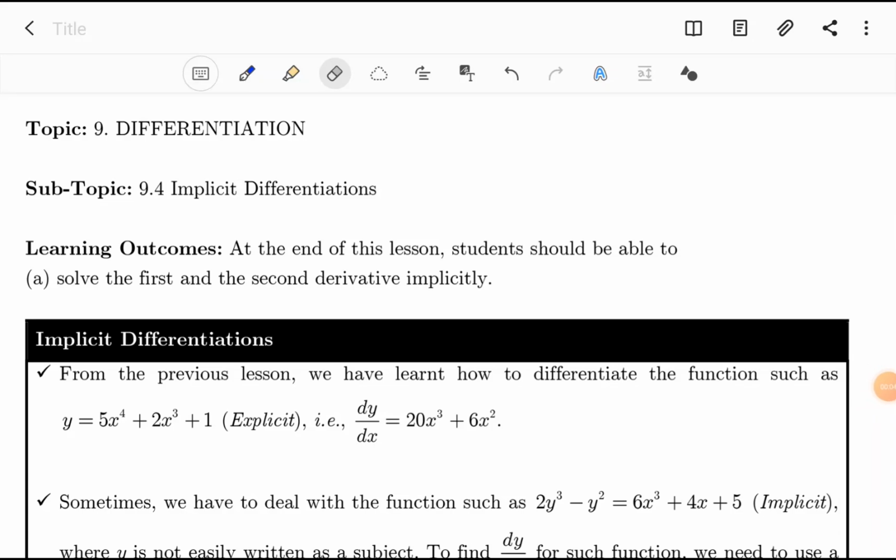9.4 Implicit differentiation. From the previous lesson, we have learned how to differentiate functions with y as the subject, so we can differentiate explicitly.